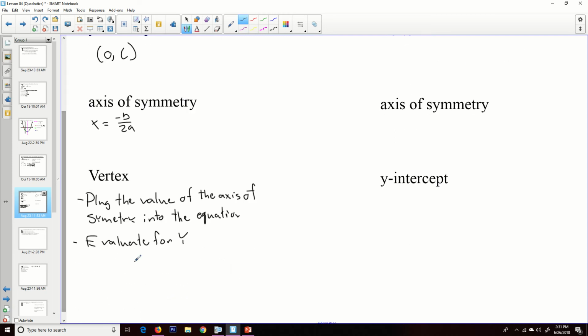So the vertex is going to be negative b over 2a, comma, the function value of negative b over 2a. All right, so we think of this: there's my x value, there's my y value.